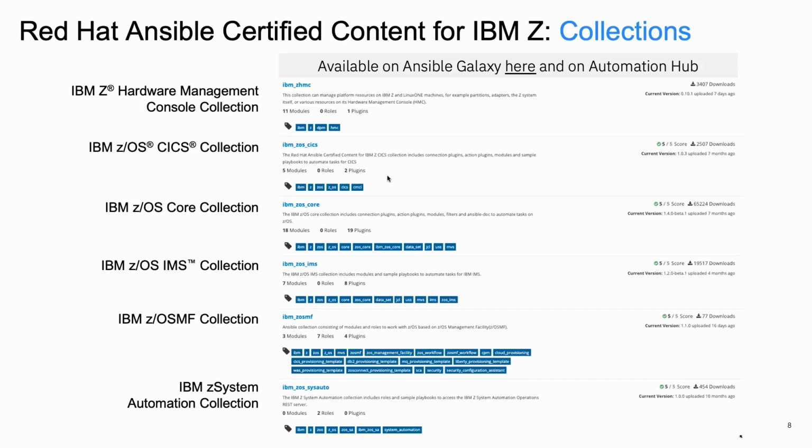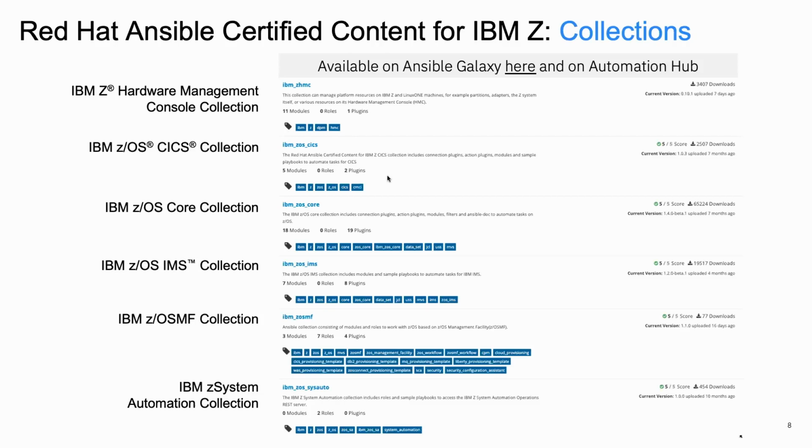We have a core collection that covers a lot of tasks that you need to do when interacting with the z/OS system, like helping you submit jobs or getting different data sets, etc. For IMS, I mentioned we have modules for helping you provision an IMS system, bring up regions, and do some of the DBRC commands. And then we also have a collection for z/OSMF as well as the z/OS System Automation collection.